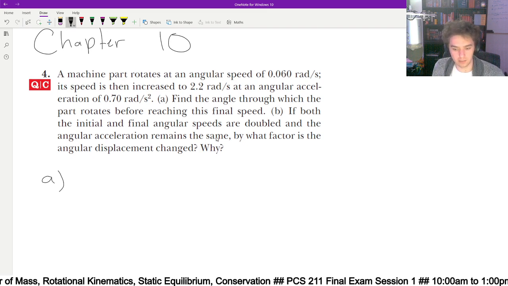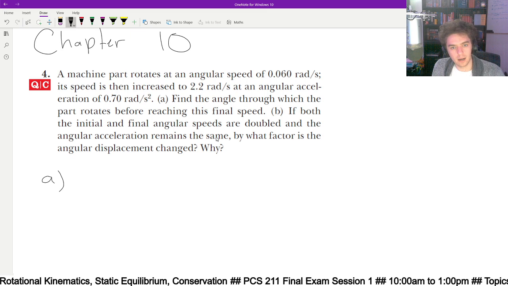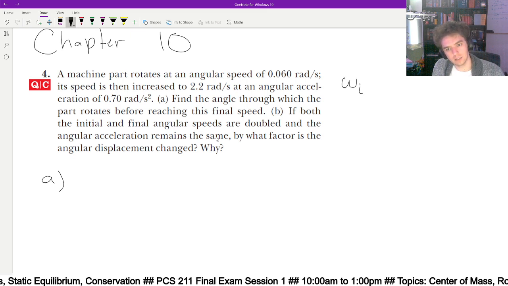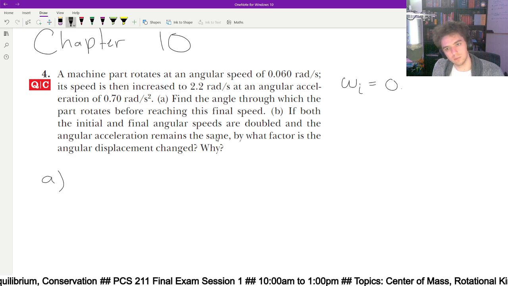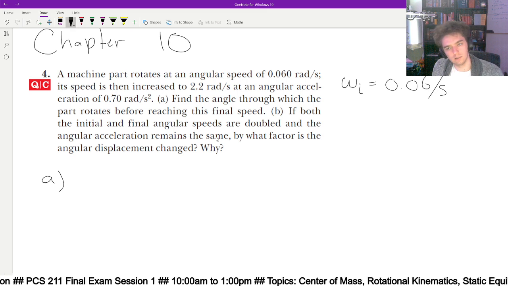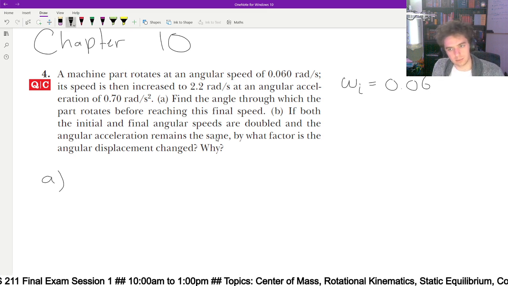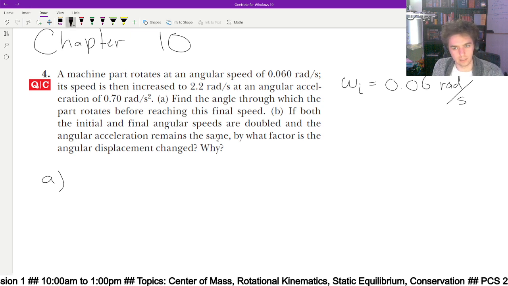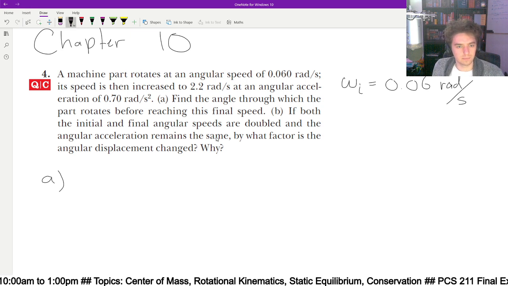In other words, we're looking for delta theta, right? What do we know? We know omega i, the initial angular speed, is 0.06 radians per second. Radian isn't really a unit, so you don't really say radians per second, but it's fine.